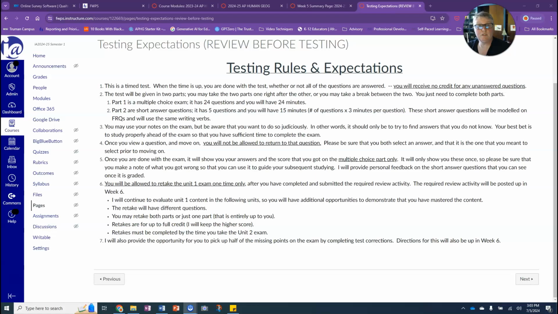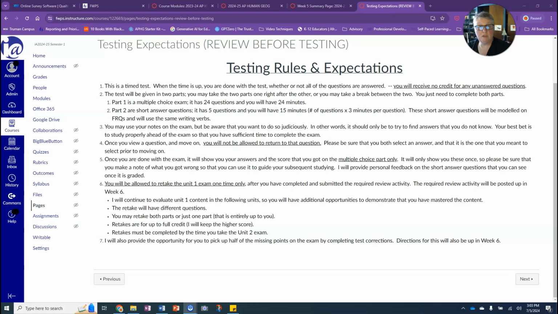I will continue to evaluate Unit 1 content in all of the following units, so you'll have additional opportunities to demonstrate that you've mastered it. The retake will have different questions than the original exam, so it will not do you any good to go through and try and memorize answers.